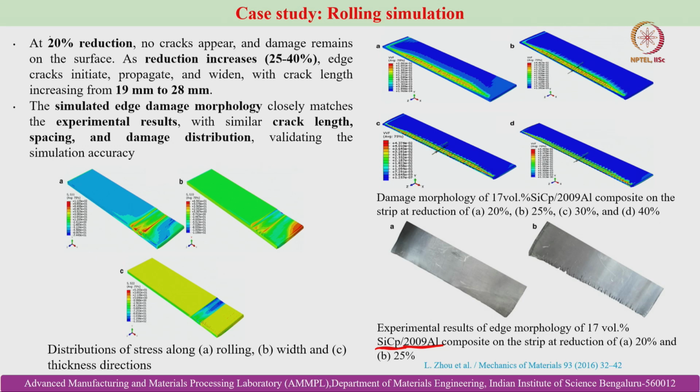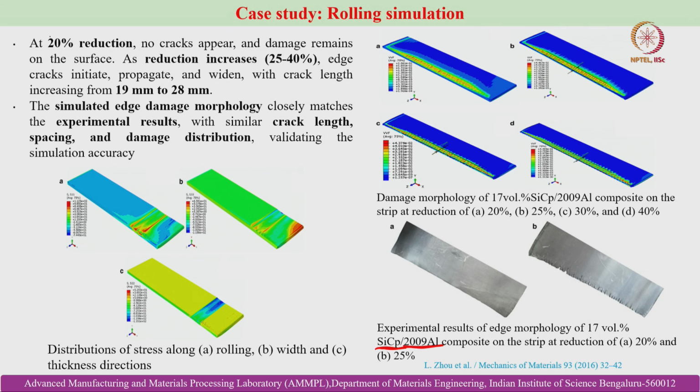What this finding signifies is that the simulation helps in identifying the optimum thickness reduction that can be achieved in the rolling process without causing crack formation. A major damage that happens in the case of rolling is edge cracking.